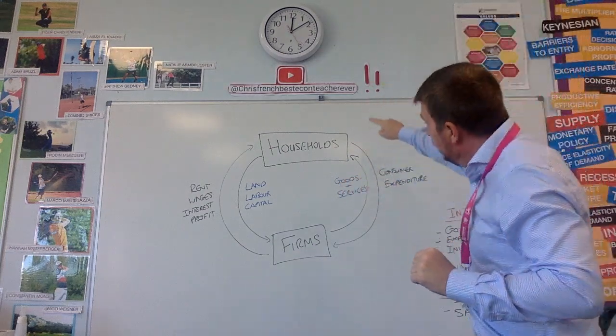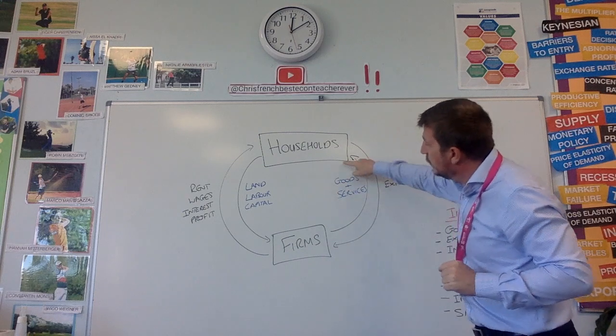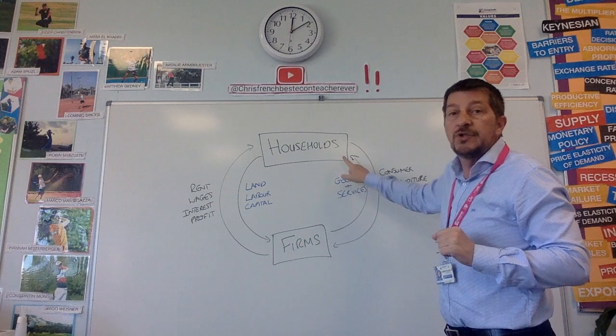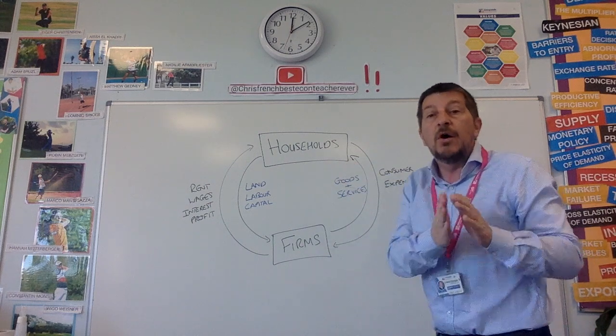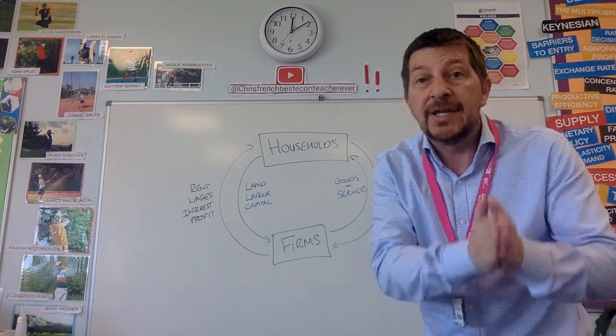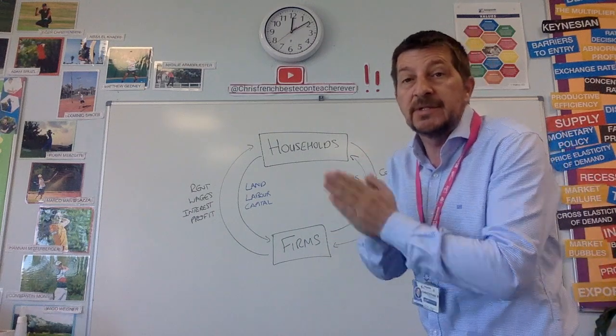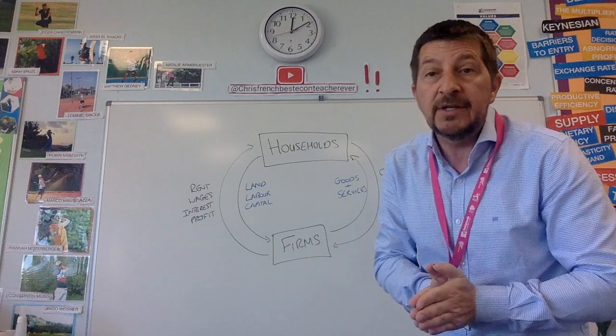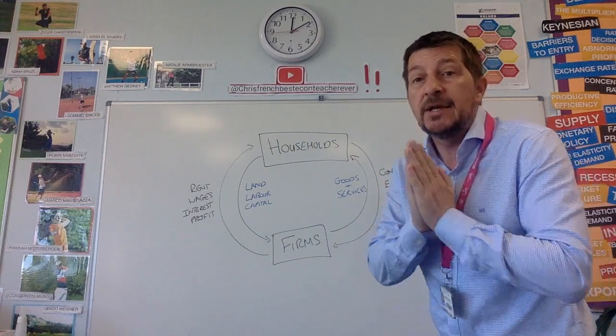It's measuring the value of goods and services that are provided by firms to households. Also known as GDP, gross domestic product, the total value of goods and services provided by firms in an economy.